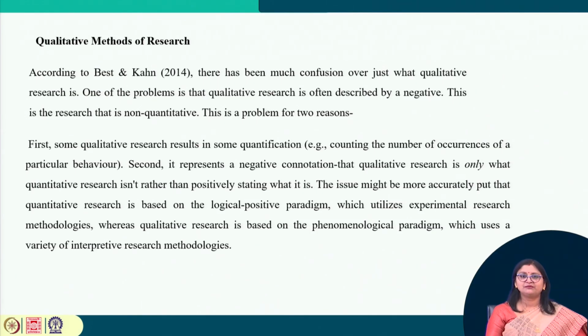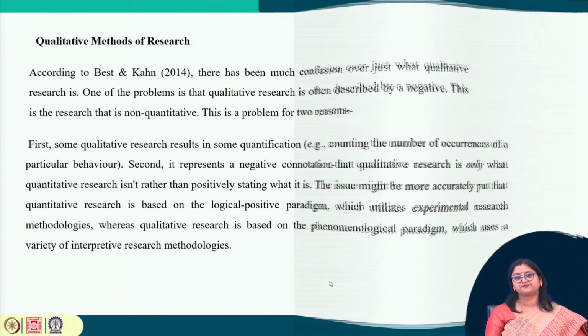The issue might be more accurately put that quantitative research is based on the logical positivist paradigm, which utilizes experimental research methodologies, whereas qualitative research is based on the phenomenological paradigm, which uses a variety of interpretive research methodologies.